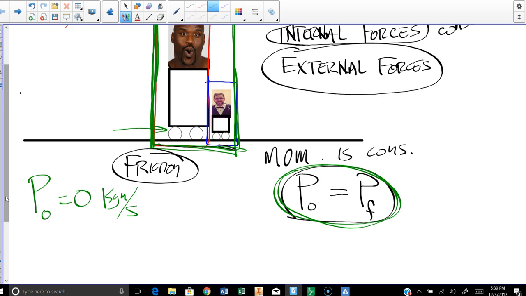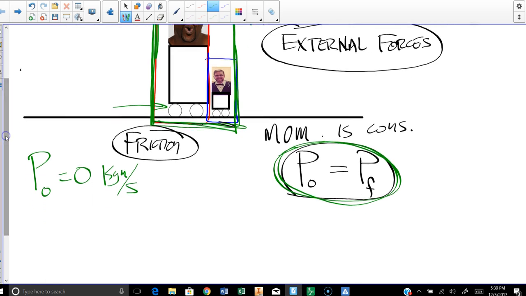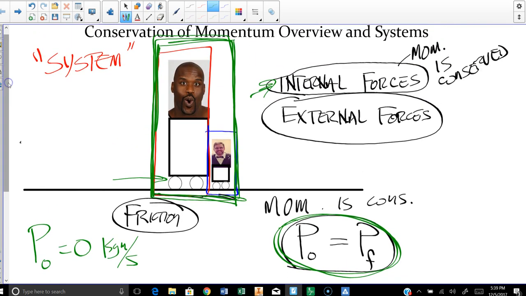So we both, by the way, this is why internal forces, if we consider them internal, don't change momentum, because of Newton's third law. But both of us would experience the same force. Think about that, right? Newton's third law says it has to be the case. The force that Shaq puts on me would, of course, be that way.